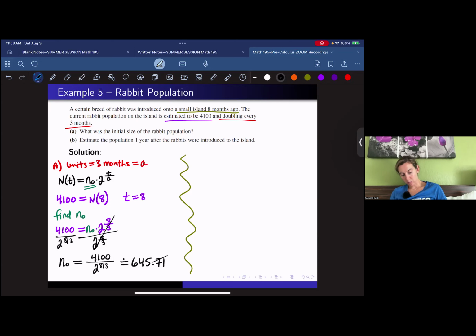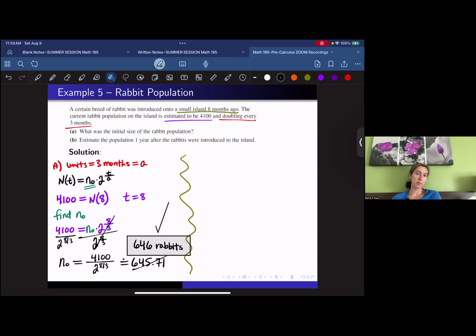And I'm actually going to make it a whole number because you can't have part of a rabbit, right? 646 rabbits are what we started out with. Approximately.